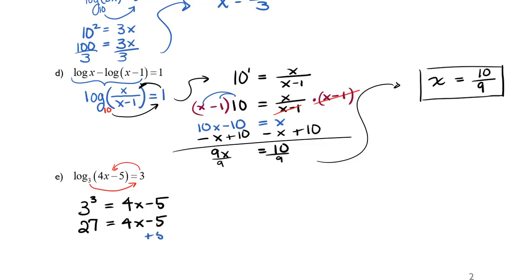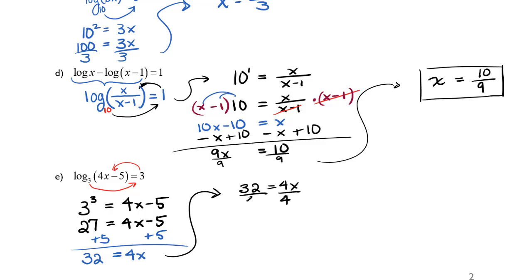Next I'll add 5 to both sides, and I get 27 plus 5, which is 32, equals 4x. Next I'll divide both sides by 4. Therefore, x is equal to 8.